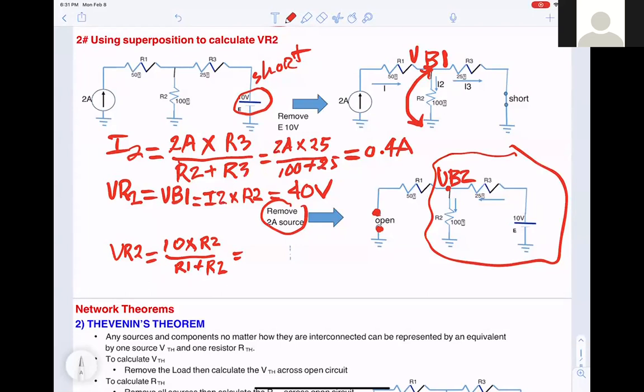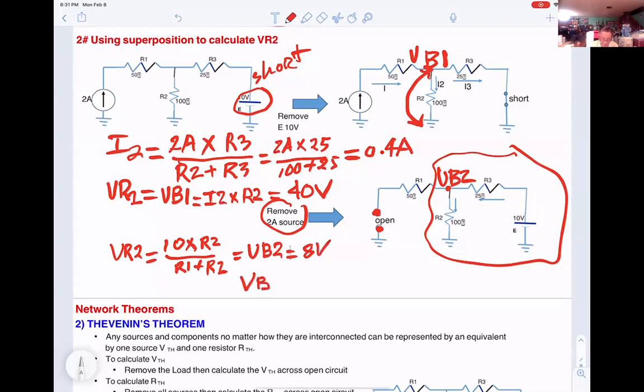Okay, so what you get for VB2? 8 volt. 8 volt. VB2. And VB1 plus VB2. Okay, you get 48, right? Yes.